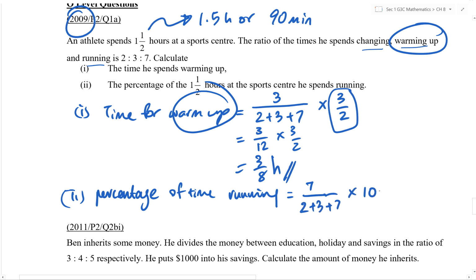Now this time we multiply by 100%. We are not interested in the actual 1.5 hours anymore. So get an answer, round it off to 3 SF, which is, no, there's no need to round off to 3 SF. So we leave it as exact wherever possible. So this results in 58 1/3%.